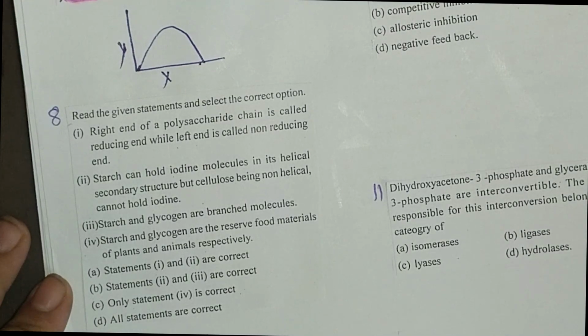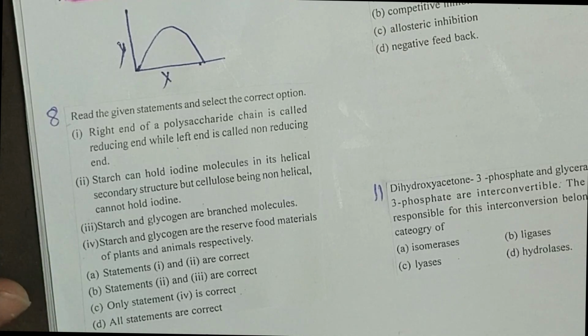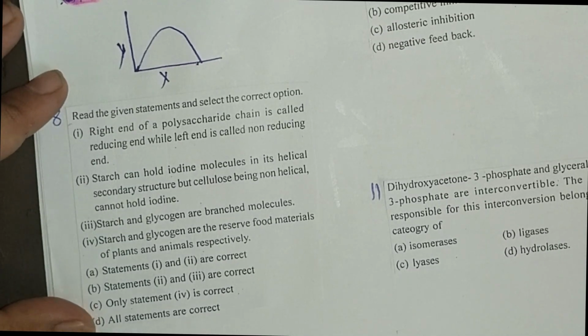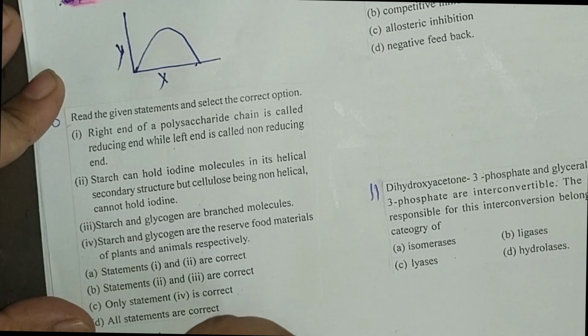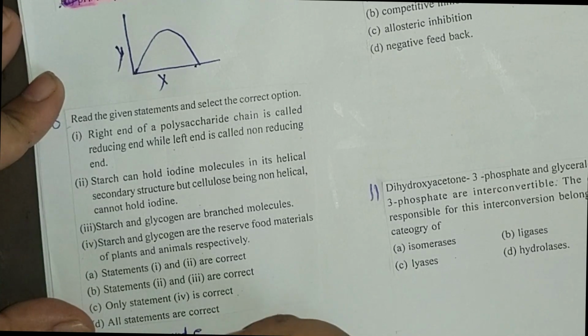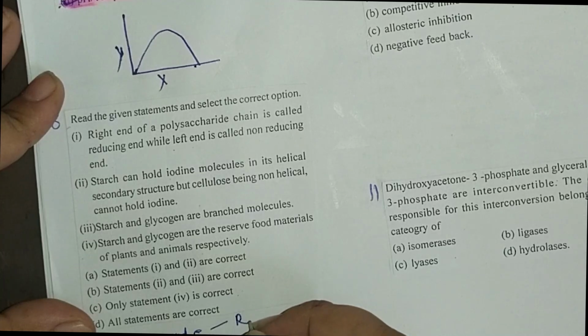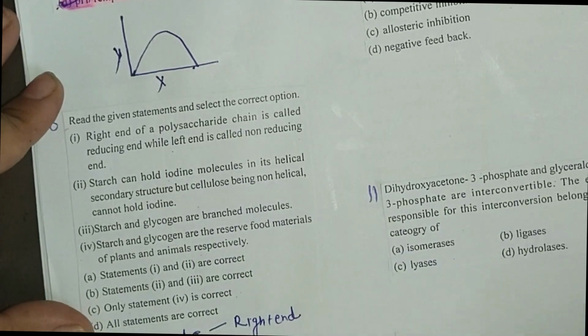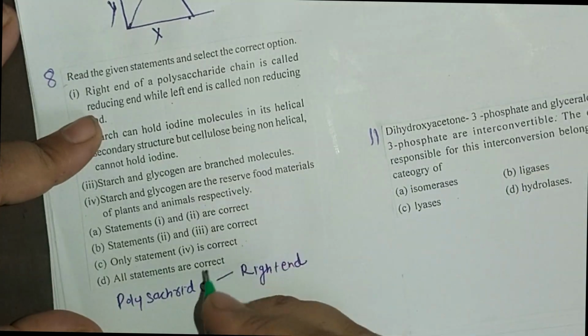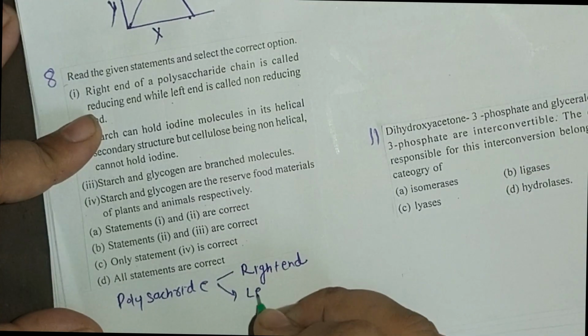Right end of a polysaccharide chain is called reducing, while the left end. See, in a polysaccharide chain, there are two ends, right end and left end.